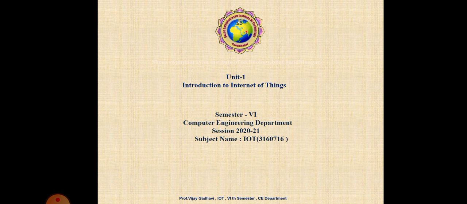In unit number 6, we will start with Arduino and Raspberry Pi: in Arduino, architecture, programming and applications; in Raspberry Pi, we will learn the architecture, programming and its applications. Then unit number 7, Internet of Things security, in which we cover various security issues and basic need, architecture, requirements, challenges and algorithms.